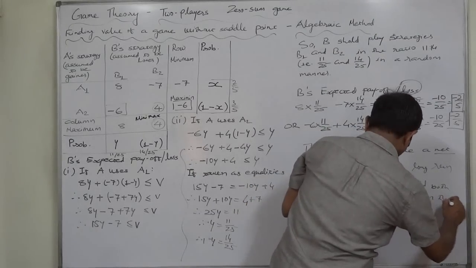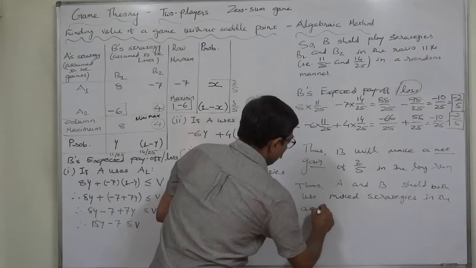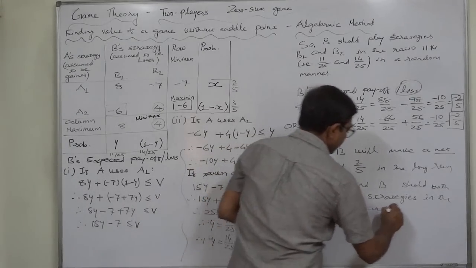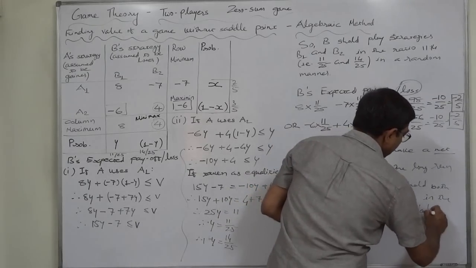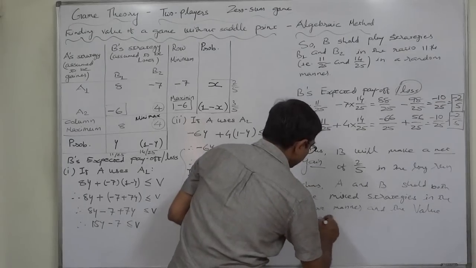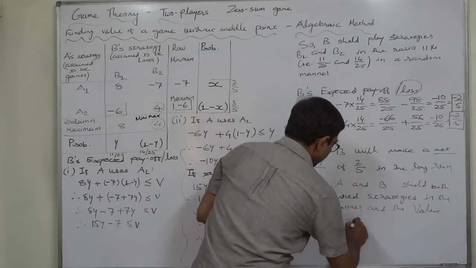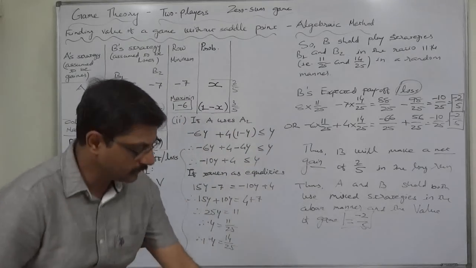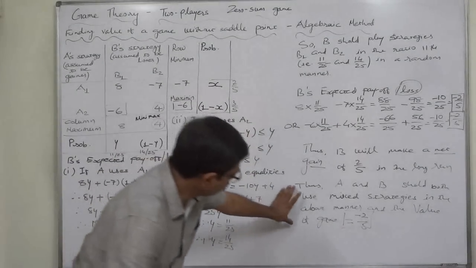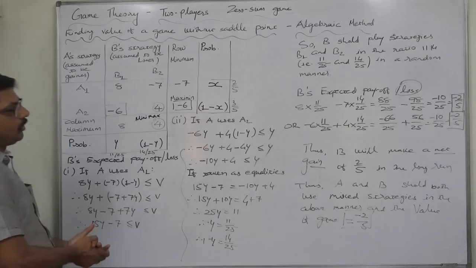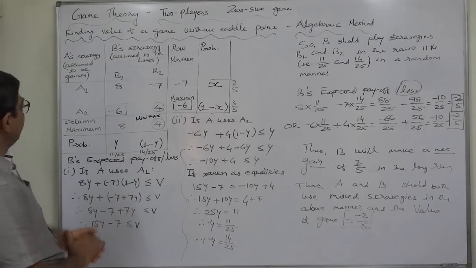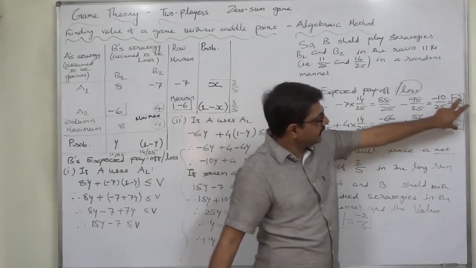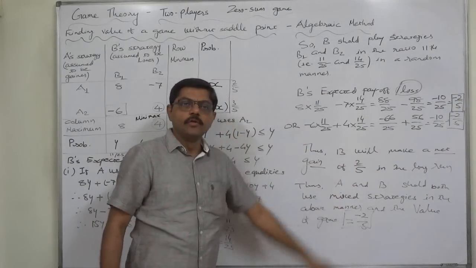And the most important thing, the value of game will be minus 2 by 5. This is the common conclusion of the entire case. We solved the whole case from A's point of view as well as B's point of view, and the common expected payoff is the value of game.